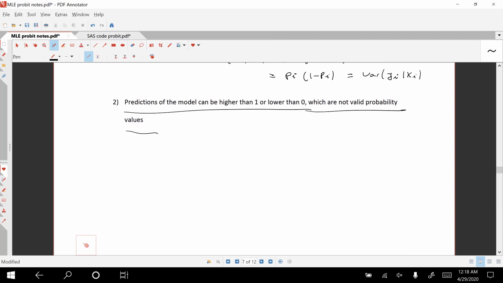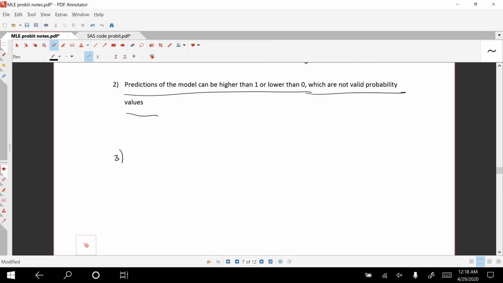And the other limitation is that, remember here you know that yi is a discrete variable, and you know the true functional form for pi. So you lose efficiency if you know the true probability density function.